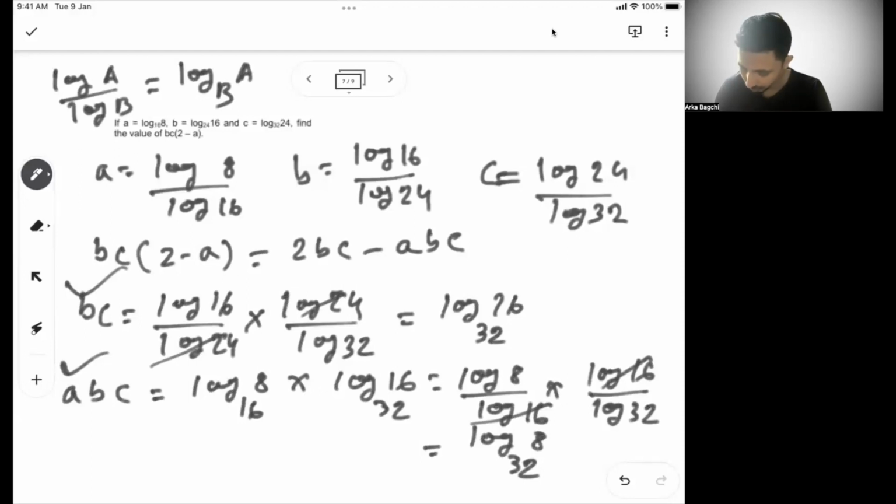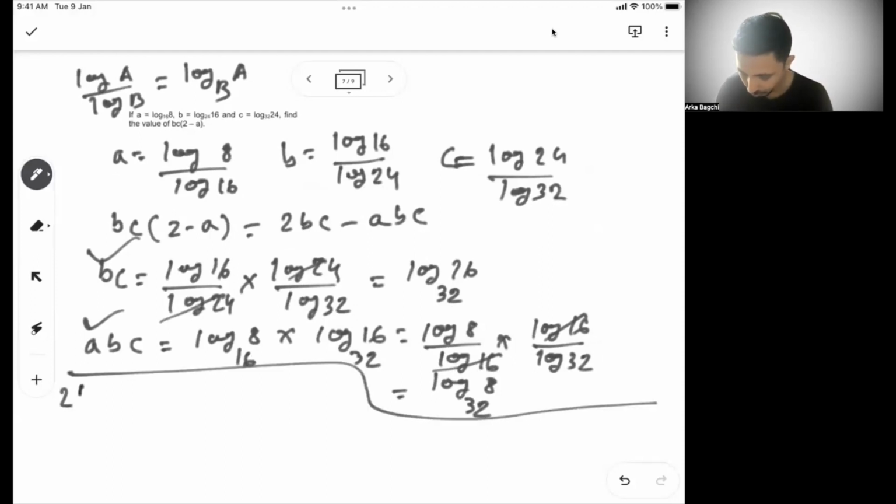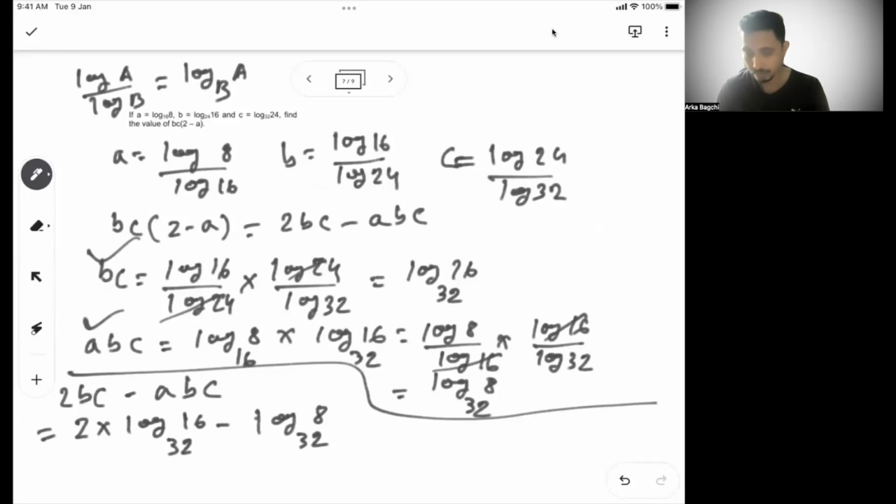Okay, so let's see what has been asked. They have asked for 2BC minus ABC. So 2BC means 2 into log of 16 base 32 minus log of 8 base 32. Right? ABC is log of 8 base 32.